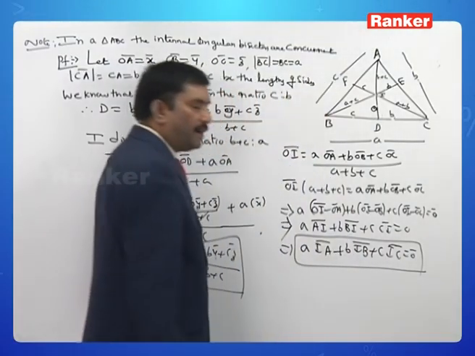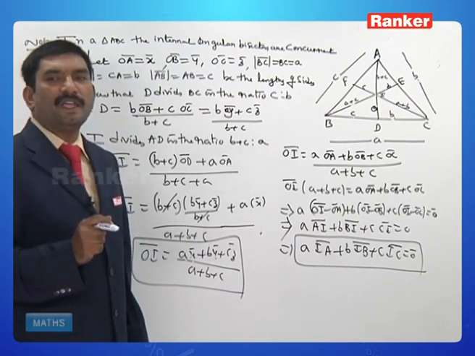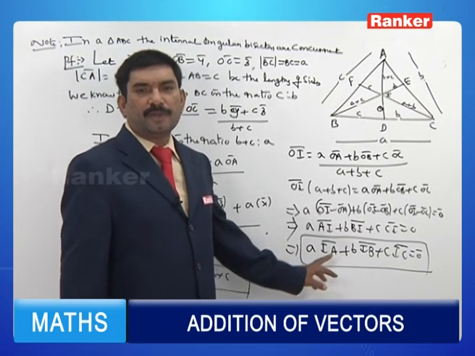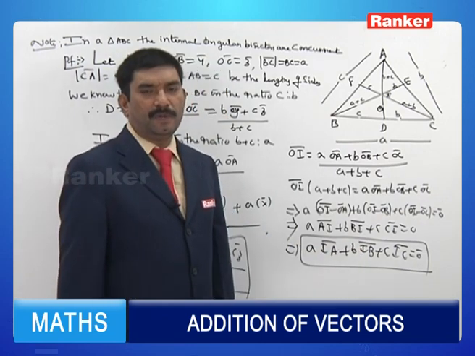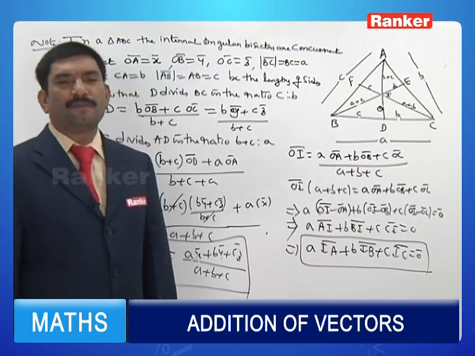Remember, we have arrived at a new result with the definition of the incenter. That is A into IA bar plus B into IB bar plus C into IC bar. Yes, students, today we came across the position vector of the incenter.